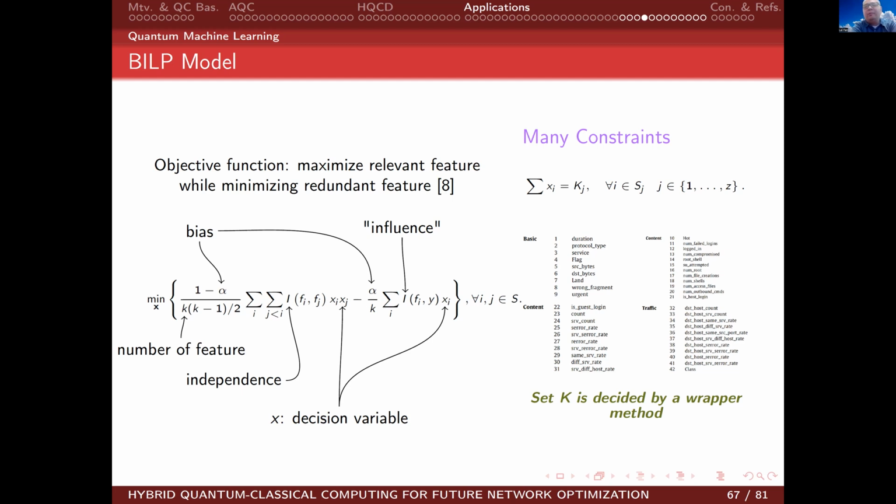Suppose we have 1,000 features and we only want to keep 100, so k is 100. In order to find this k, we need to design a wrapper method to help us find the number of features we want to keep. Once we know that number, we can design the optimization model to help us find these key features.